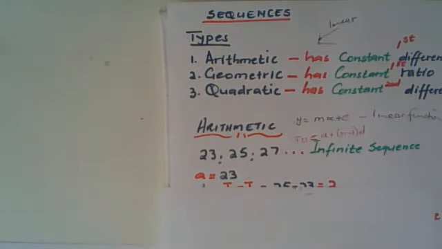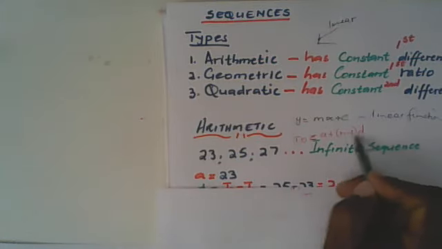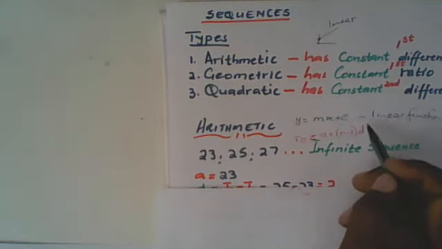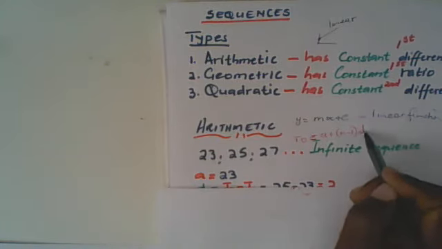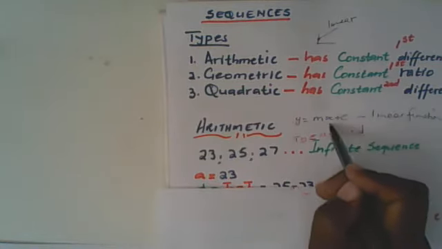Now look at this. I just want to show you something, guys. This is n minus 1, and this is the constant difference. The constant difference is going to be m.